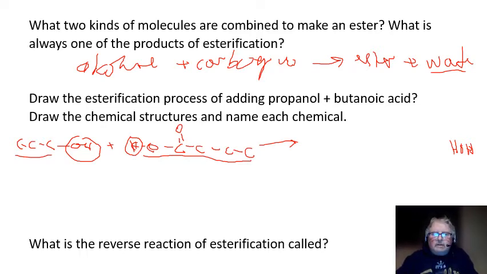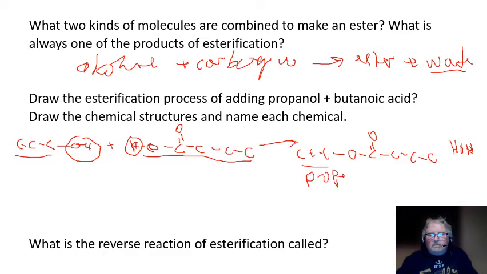So it's going to be 3 carbons, 1, 2, 3. Okay, and then it's going to have this oxygen, and then it has this, which is a propyl, and then it has butanoic acid without an H, so it's butanoate.